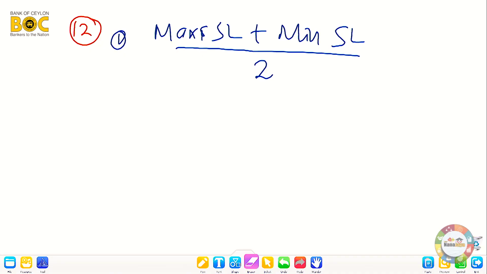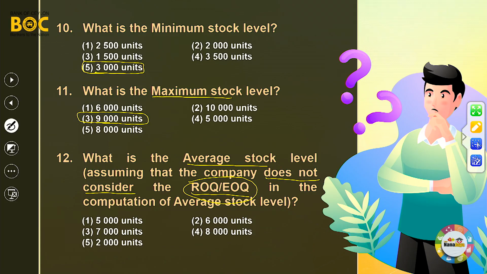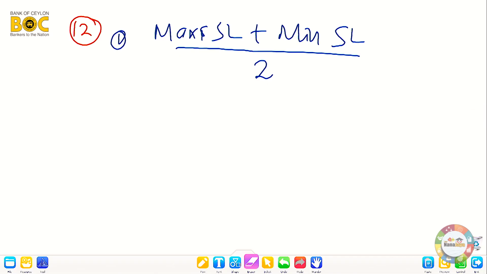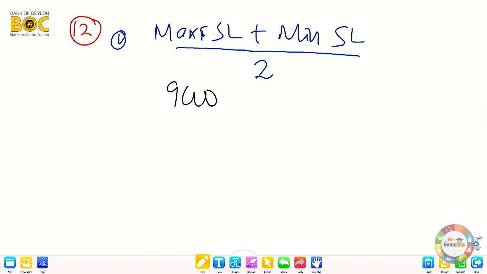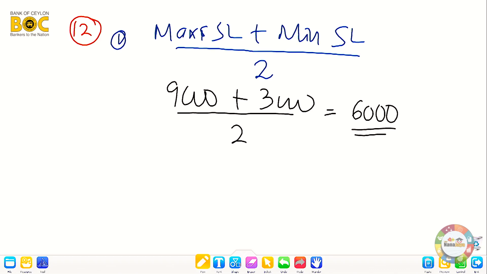The maximum stock level is 9,000 and the minimum is 3,000. So 9,000 plus 3,000 divided by 2: 12,000 divided by 2 is 6,000 units.